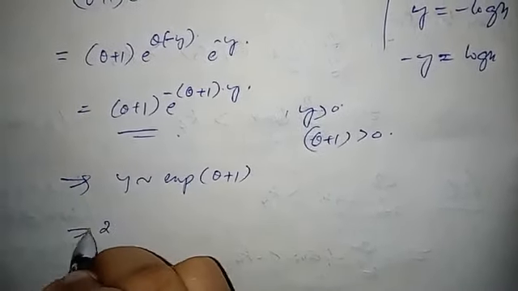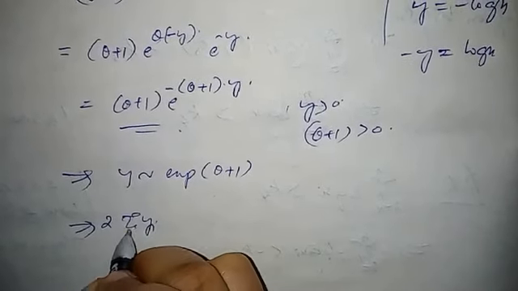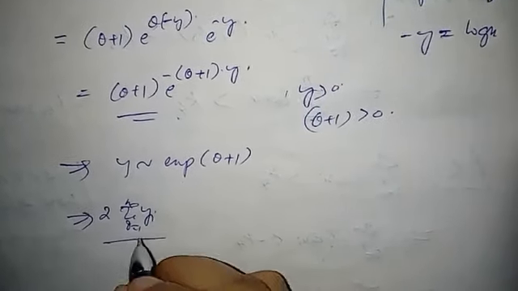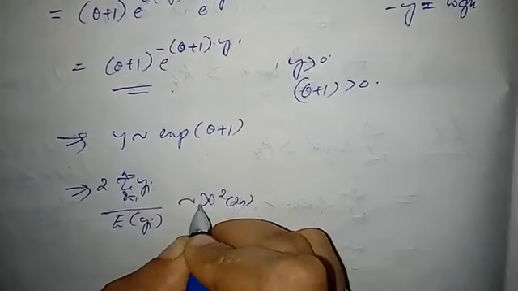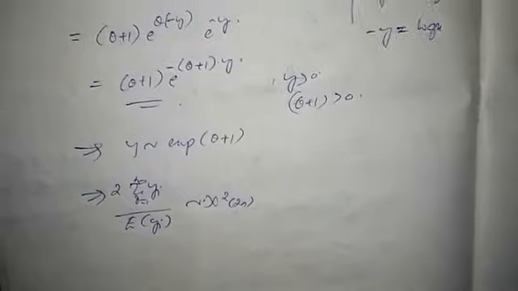Then it implies 2 summation yi, i = 1 to n, divided by the expectation of yi follows chi-square with 2n degrees of freedom.